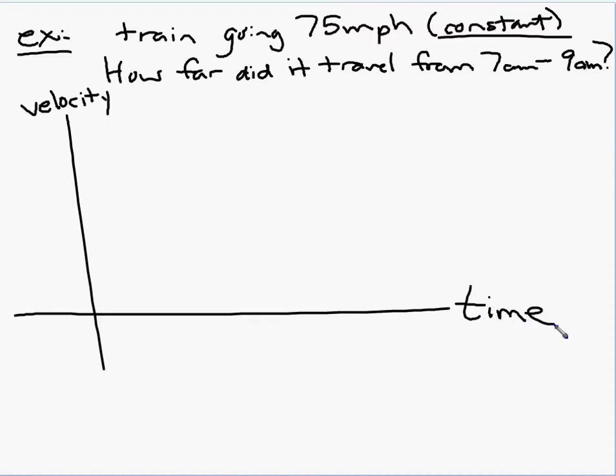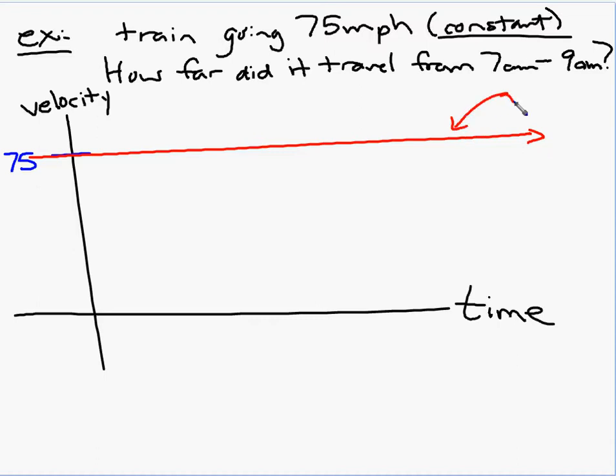So if the train is going 75 miles per hour at a constant rate, aren't constant functions flat? Aren't they horizontal? I would have a flat function. That is its velocity. This would be what we call the velocity function, and in this case, it's just a constant.